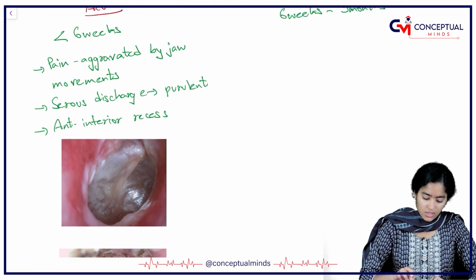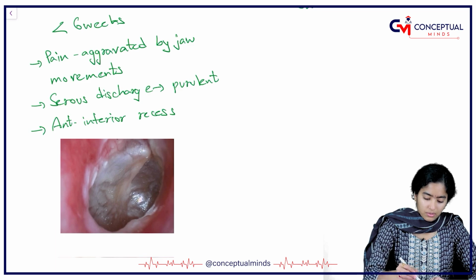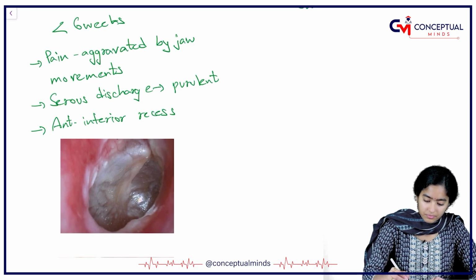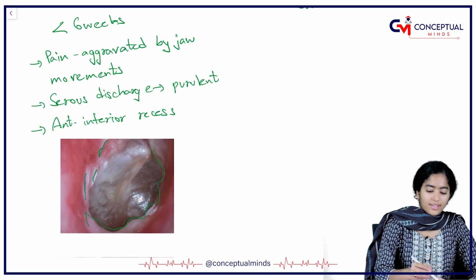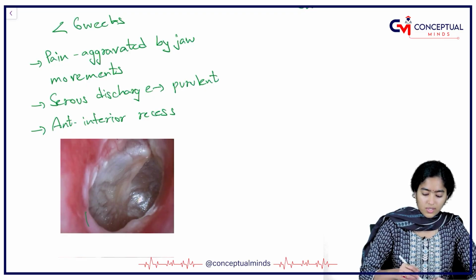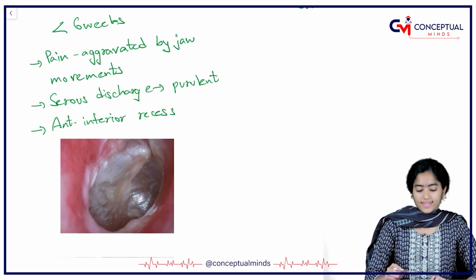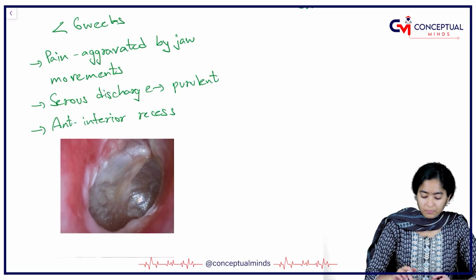And this is how it looks. You can see in the first picture, the external auditory canal shows some wavy pattern. All this that you are seeing here, ups and downs, these are actually the swellings. This is because it is swollen. This is a mild form of the disease, and the discharge is also mild, less in quantity.